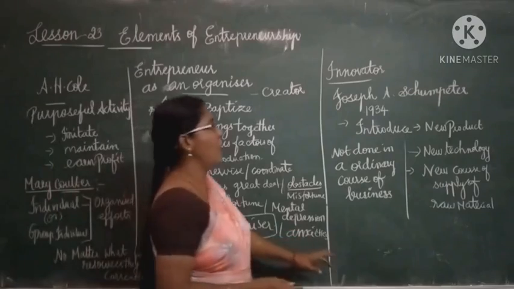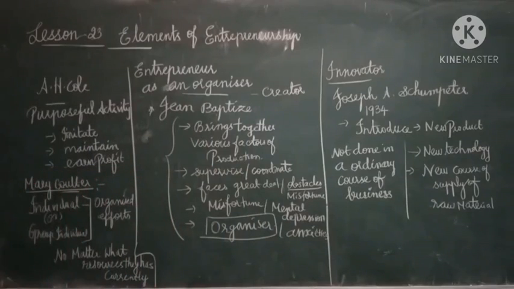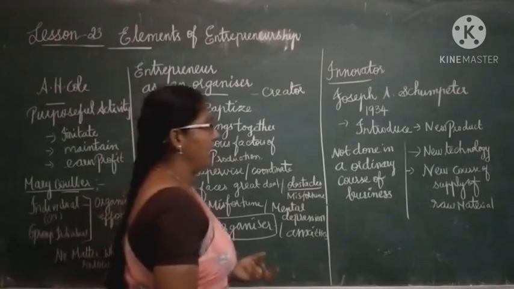Then let us move on to the innovator. The entrepreneur acts as an innovator. Joseph A. Schumpeter, in the year 1934, used innovation as a criterion to define an individual as an entrepreneur.